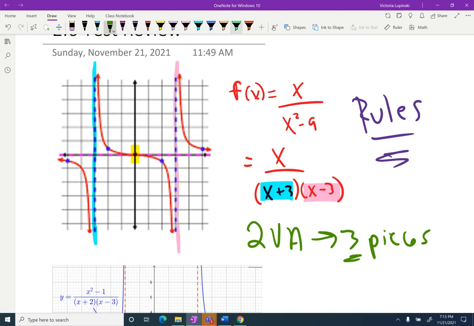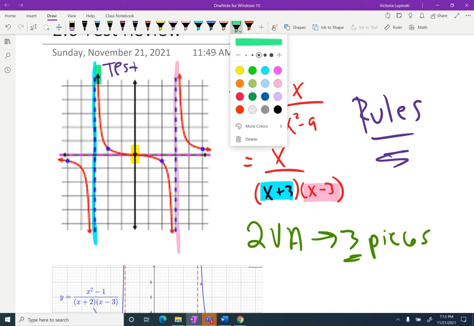In order to figure out where the pieces go, you'd probably want to start with the piece in the middle. For the piece in the middle, you would have to figure out, does it go from the top to the bottom or vice versa? And for that, you might have to test some point. Again, you could test something like 1 or 2. You could test something like -1 or -2.